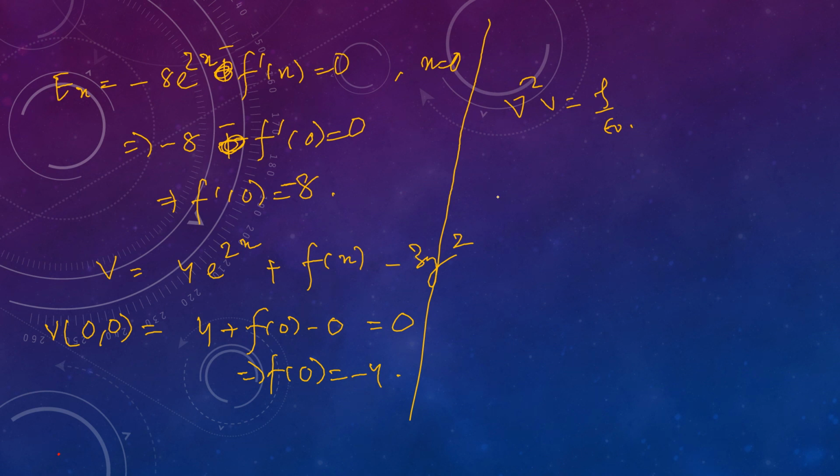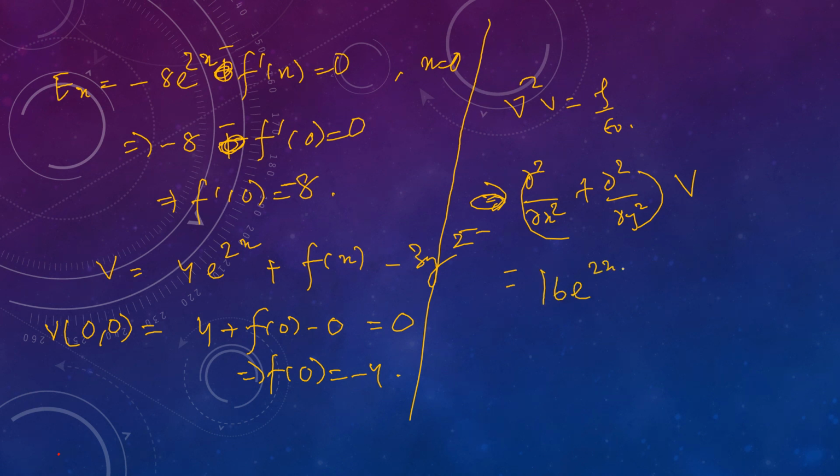So del square by del x square plus del square by del y square of V is 16 e to the power 2x plus f double dash x minus 6.